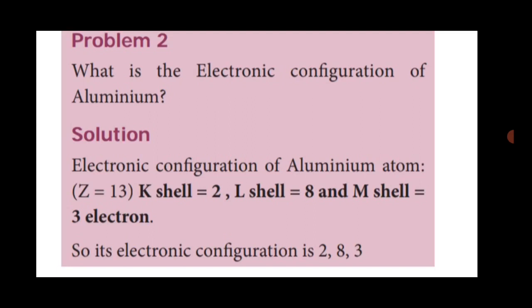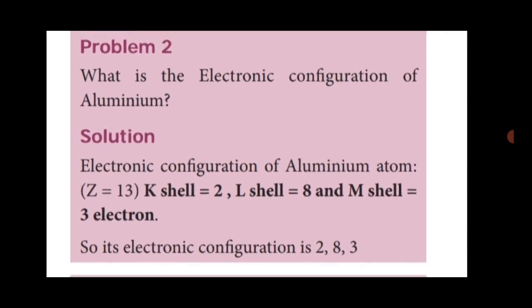So the electronic configuration of aluminium is 2, 8, 3. The first shell contains, as we know, 2 electrons only. The second shell contains 8 electrons. In the third shell, the remaining electrons are present in the M shell.